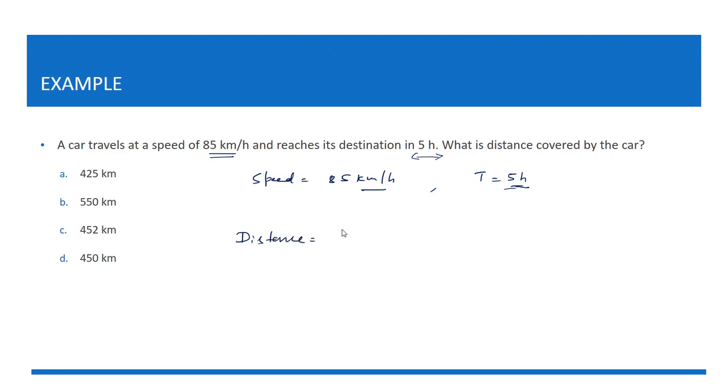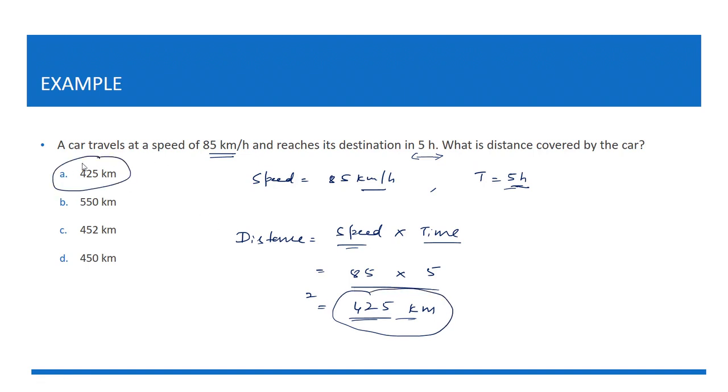Distance is equal to speed into time. So speed, 85 km per hour into 5 hours. Just multiply it. 5 5s are 25, 2 carry, 5 8s are 40 plus 2 is 42. So 425 kilometer. The distance covered by the car in 5 hours is 425 kilometer. The answer is A here.